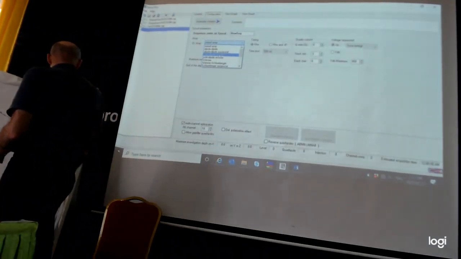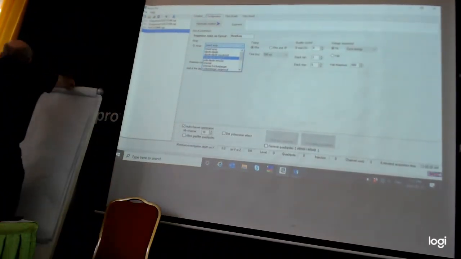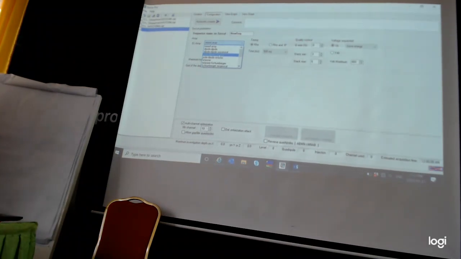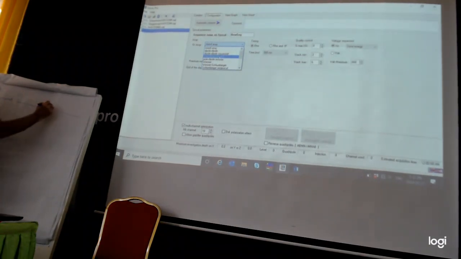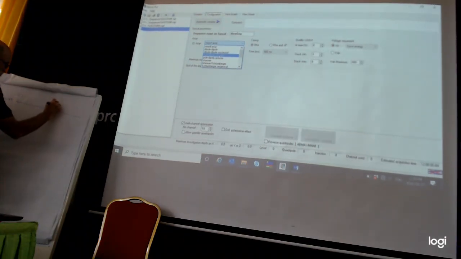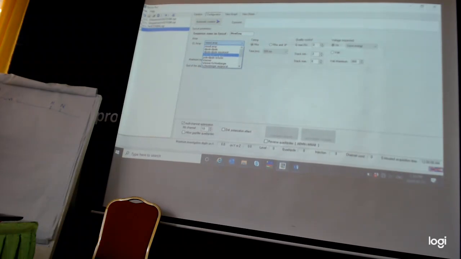If you start reading about it, they actually call them A and B, C1 and C2.